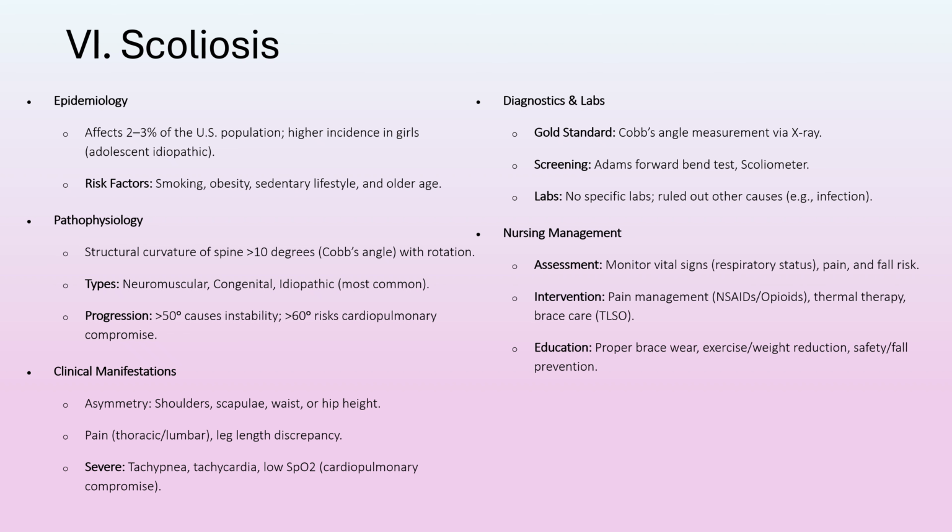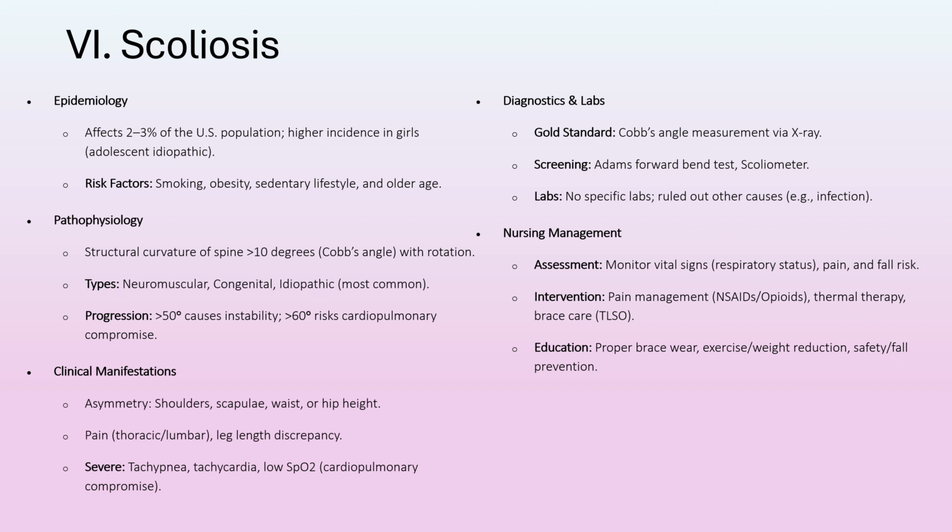Moving forward to nursing management assessments, we go with vital signs, monitoring for tachypnea, tachycardia, and low oxygen saturation, signs of cardiopulmonary compromise. Pain is assessed frequently as it often accompanies the disorder or indicates progression.